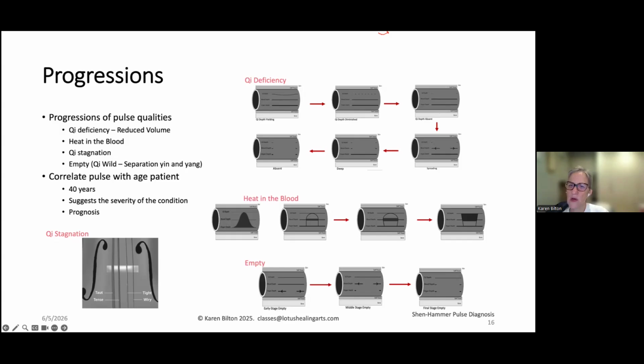So these are all mild chi deficiencies. Dr. Shen used to say, in somebody who is young, like somebody who's 20 years old, they should be able to go and get a few good nights' sleep, eat well, and bring back their chi depth. Somebody who's a little bit older, like a 65-year-old, 70, 80-year-old, you might have to work harder to bring back a chi depth, or you will definitely have to work harder.